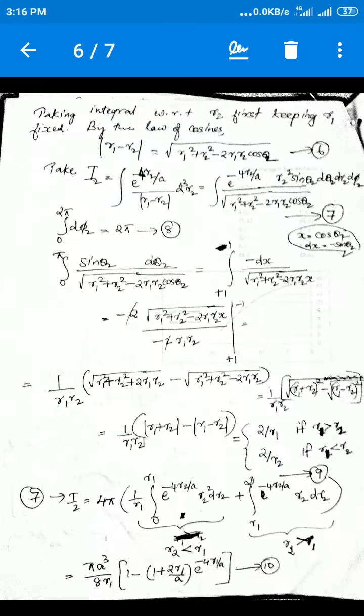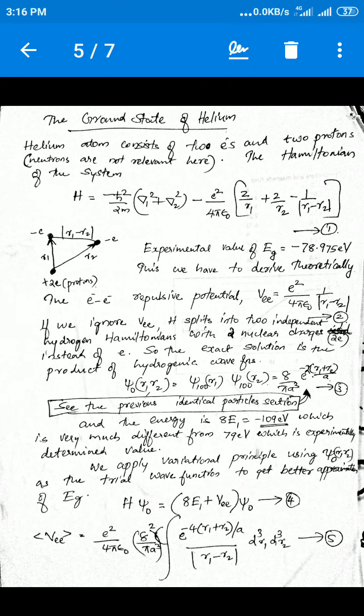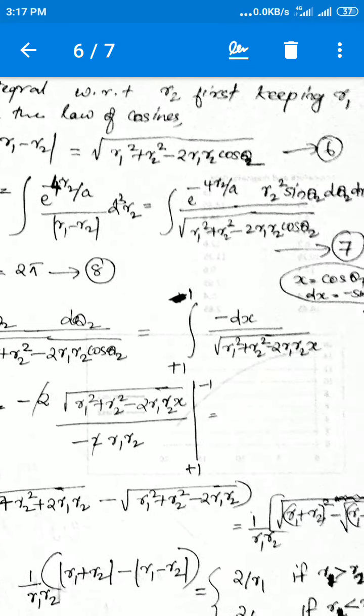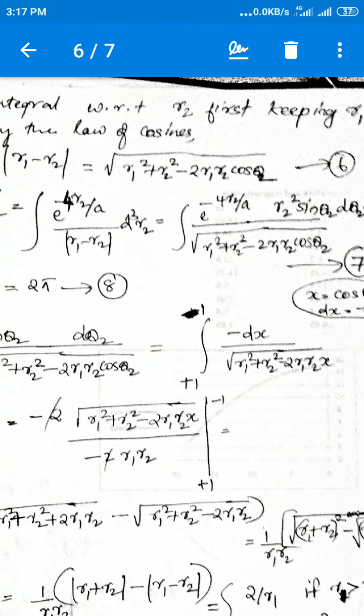Now let us find the integral. See here in the last page, the constants are outside. The integral of exponential minus 4 (r1 plus r2) by a, that we need to find out, divided by |r1 minus r2|. So only the integral part is taken there. Minus 4 r1, r1 is fixed, so we don't take it.